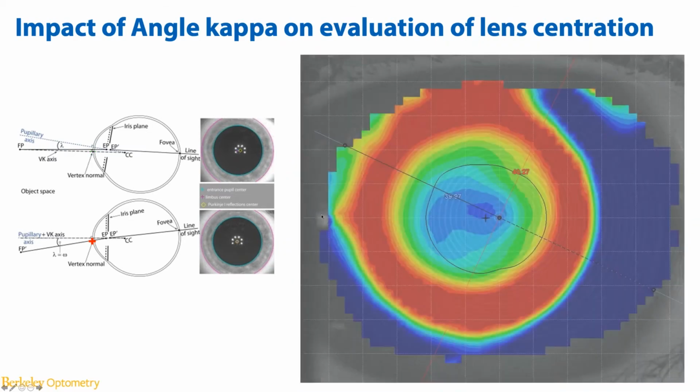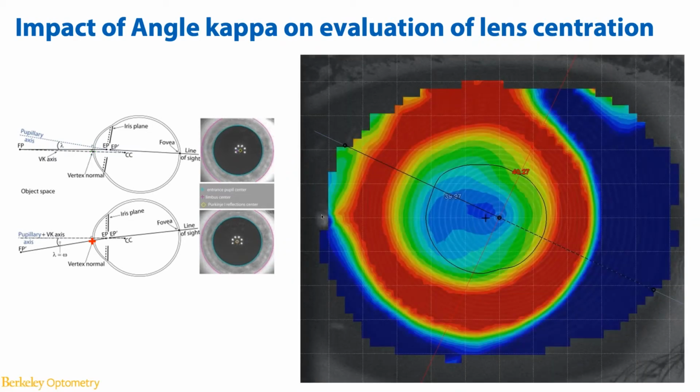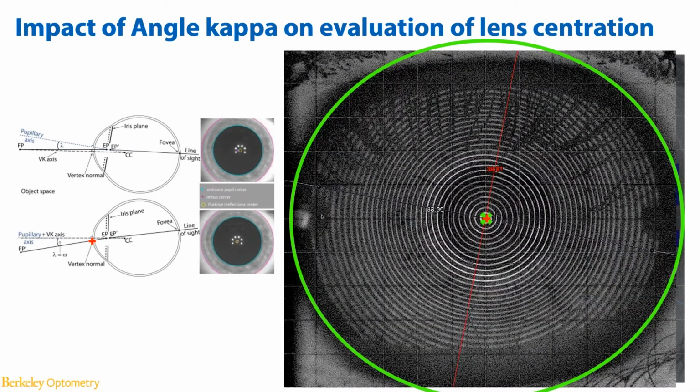And we can get a topographical color map like this, which to most practitioners looks like a temporally decentered Ortho-K fitting. But in reality, that's merely because the overall projection on the cornea is not actually centered on the geometric center of the cornea.